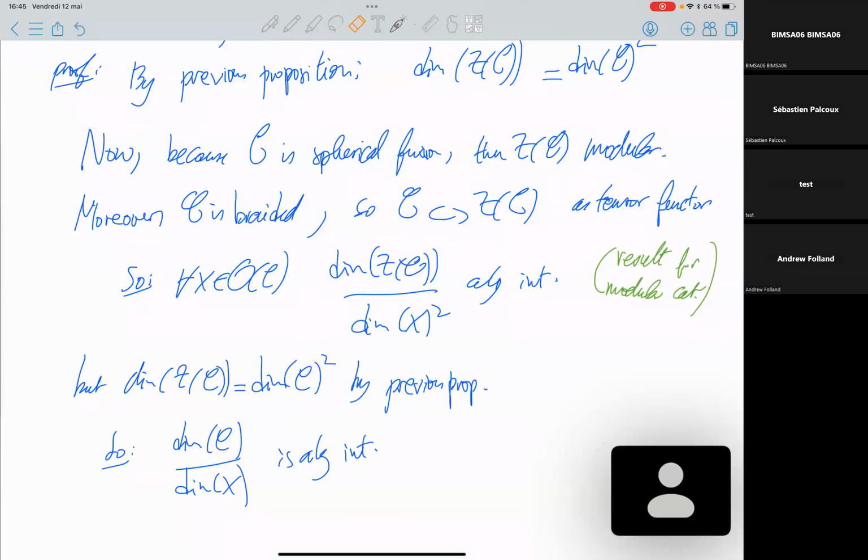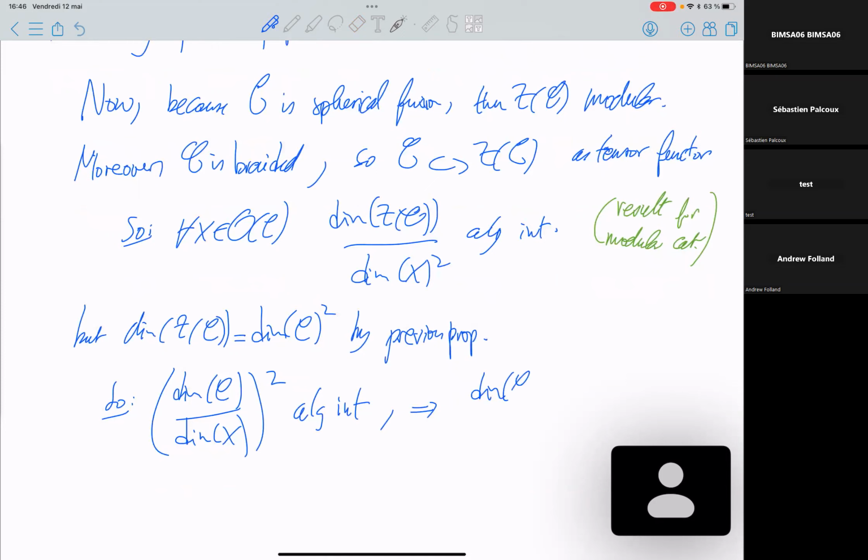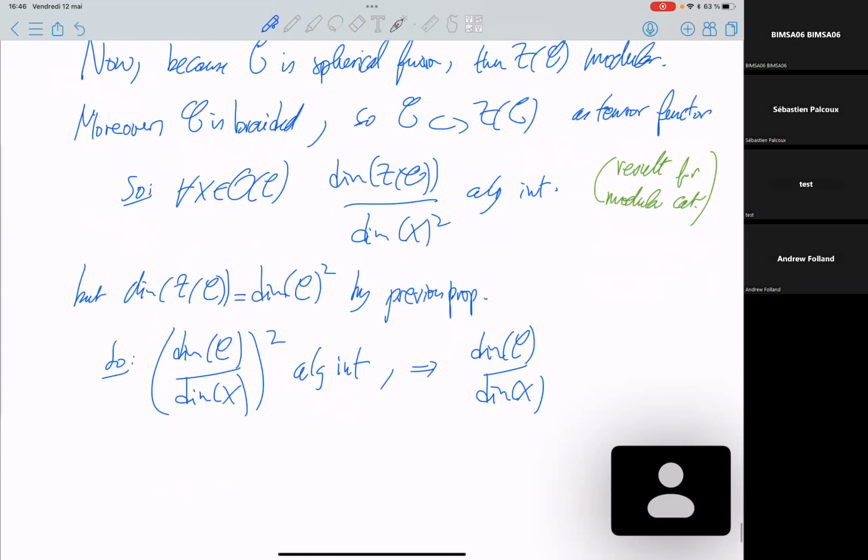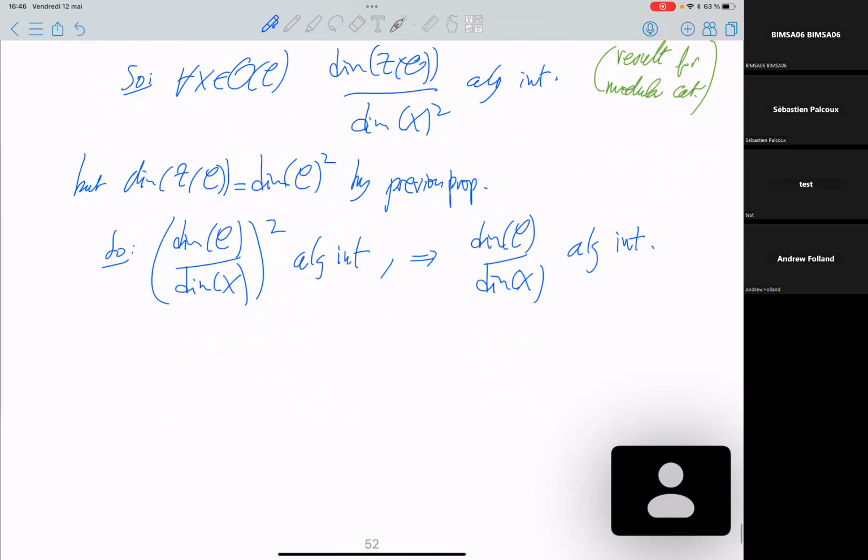So this is an algebraic integer, which implies that this is an algebraic integer because, of course, the algebraic integers are stable by square root. Which is not true for cyclotomic integers. The cyclotomic field is not invariant by square root.